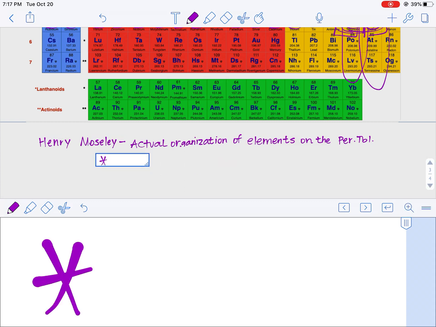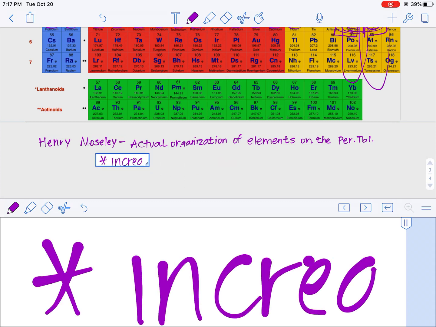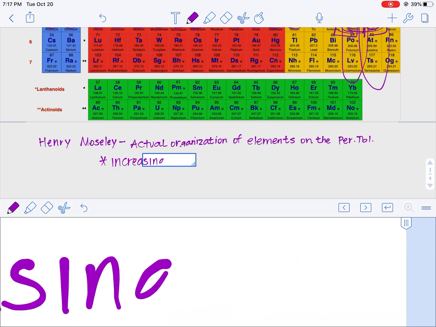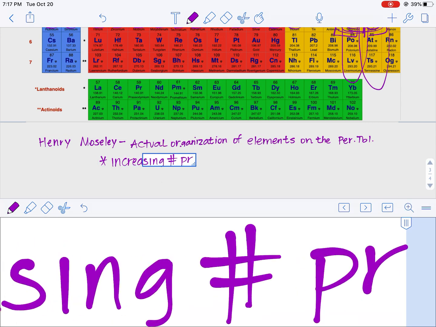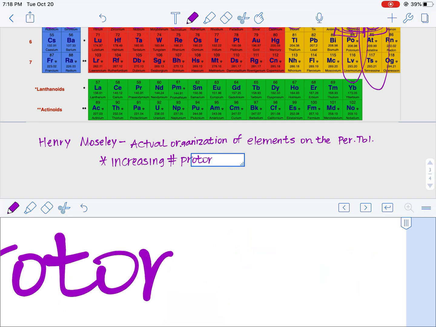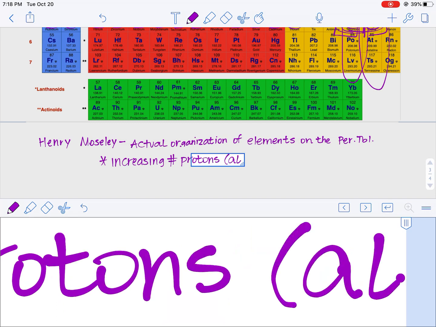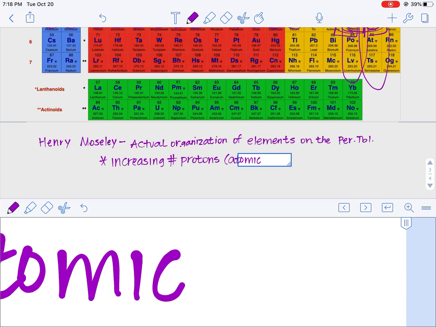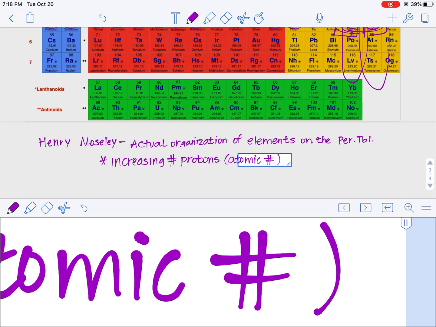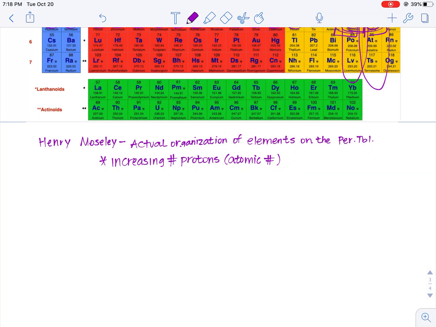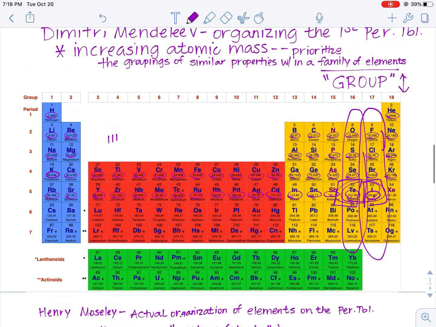And he's the one who said, aha, if you do it by increasing number of protons in the nucleus, which is the atomic number, and remember, the number of protons is going to dictate the number of electrons in the cloud, there will not be any exceptions to those rules, and you will still hold true to Dmitry Mendeleev's grouping of the same elements with similar properties in the family.